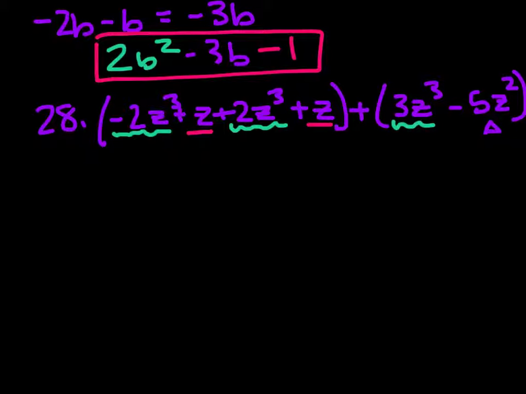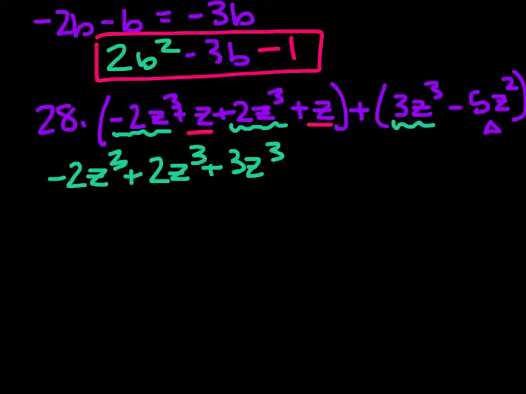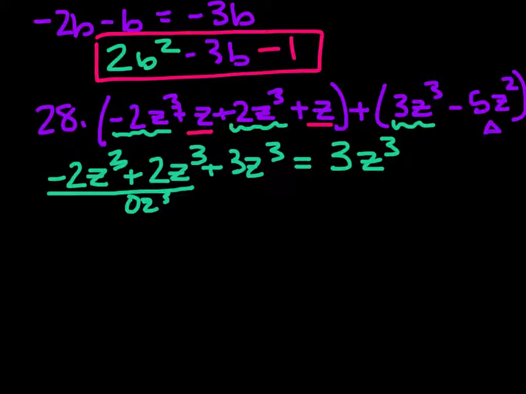So, putting the like terms together, we have negative 2z cubed plus 2z cubed plus 3z cubed. Doing all that math, negative 2z cubed plus 2z cubed, that's going to be 0z cubed plus 3z cubed, so we have 3z cubed. Next, z plus z, 2 z's. Awesome.